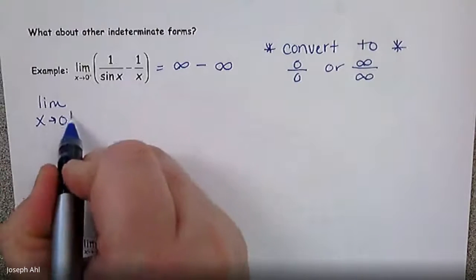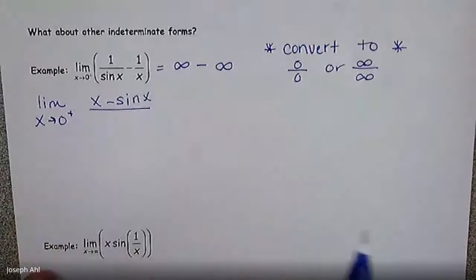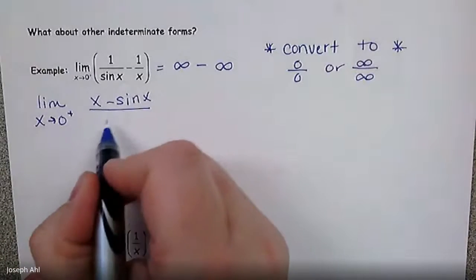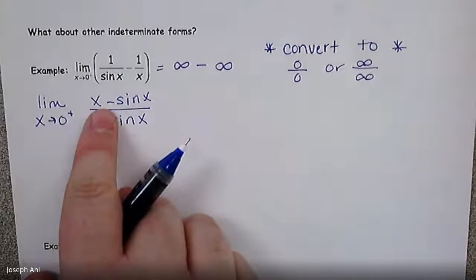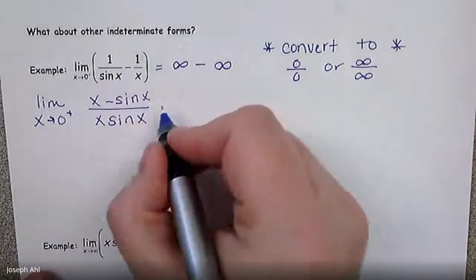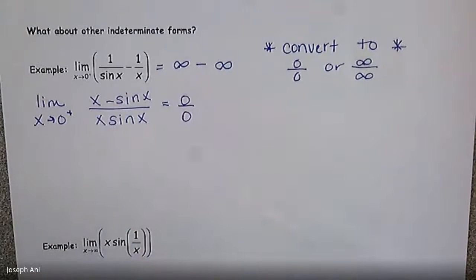Limit as x goes to 0 from the right of x minus sine x over the common denominator x sine x. When you take the limit as x approaches 0 from the right, you're going to get 0 minus 0 on top and 0 times 0 on the bottom. So we get 0 over 0 once you make this into a single fraction.